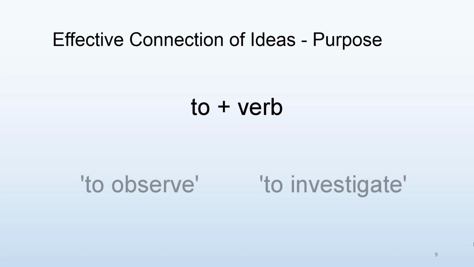The third most common function of using complex sentence structure is to identify the purpose of an activity. This is done by adding "to" and a verb, such as "to observe" or "to investigate." For example, we performed a site reconnaissance on August 12, 2013, to observe surface features.